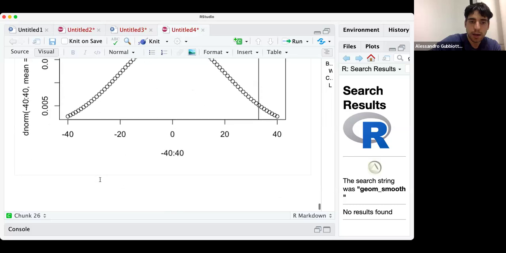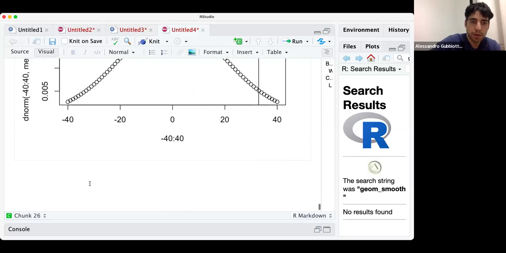Now, the plot of theoretical quantiles versus the quantiles, what does it do? Well, it takes alpha.